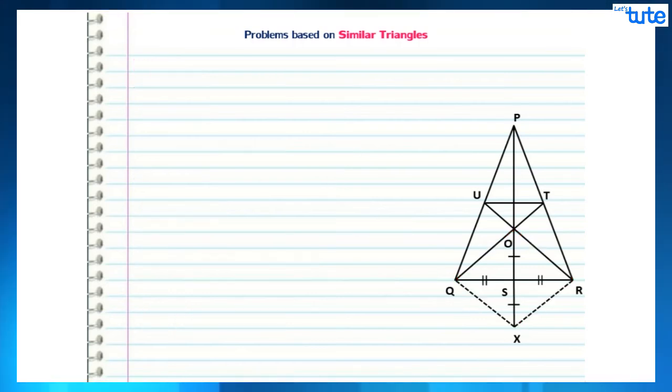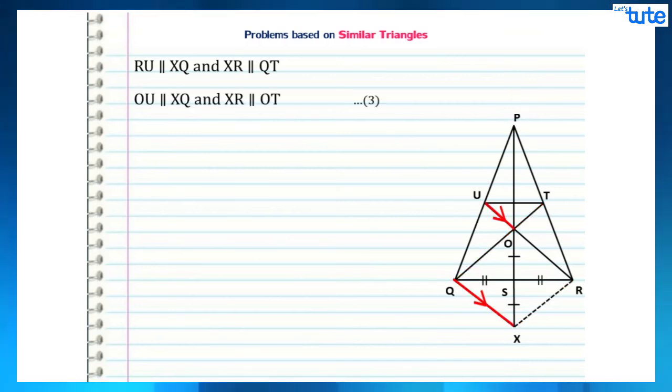So now we can say that RU is parallel to XQ and XR is parallel to QT, and also OU is parallel to XQ and XR is parallel to OT. This is possible because points R, O, U and points Q, O, T are collinear points.